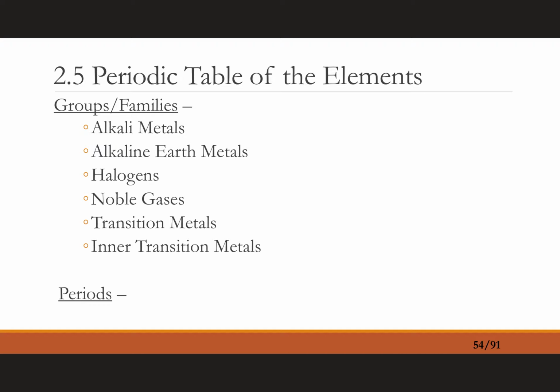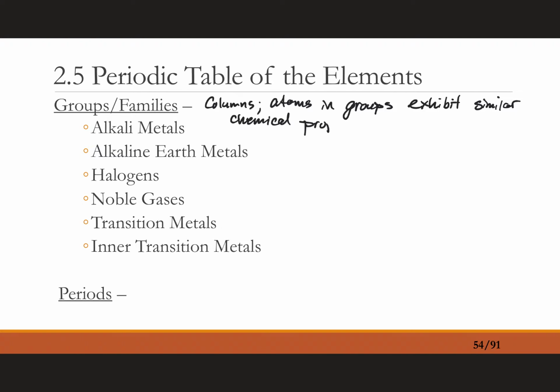So as I mentioned, we have groups and families in the periodic table, and those are each of the columns. Atoms in groups and families exhibit the same or similar chemical properties. That is a key thing.